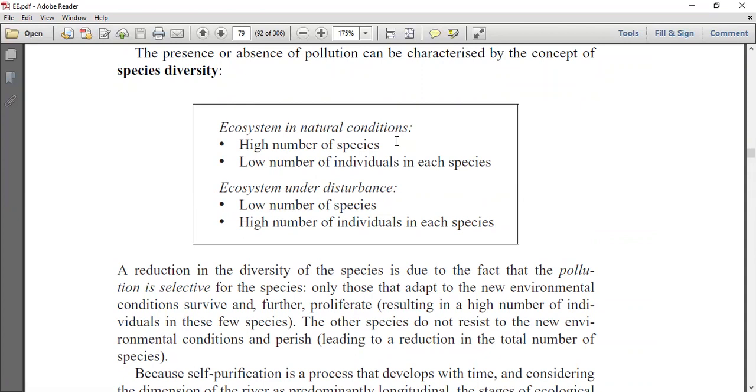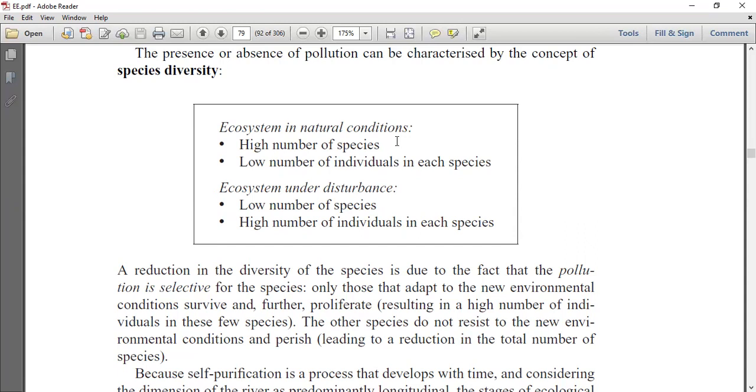A reduction in the diversity of species is due to the fact that the population is selecting for species. Only those that adapt to the new environmental conditions survive and procreate; the other species do not exist with the new environmental condition and vanish.